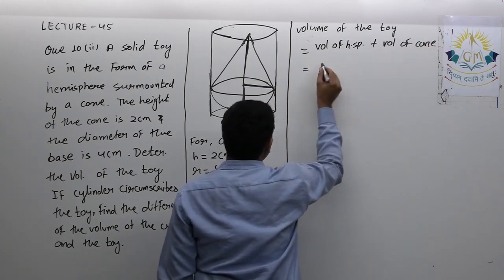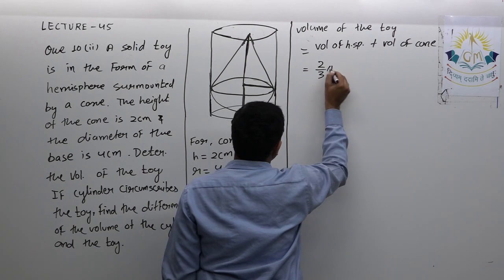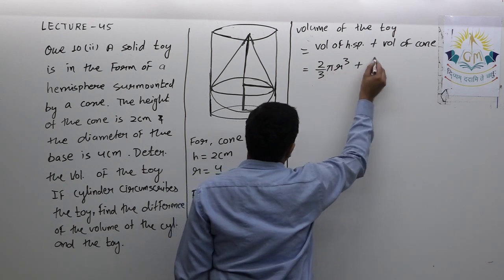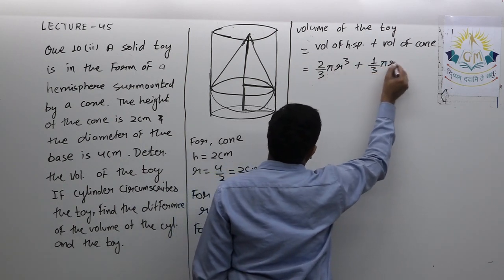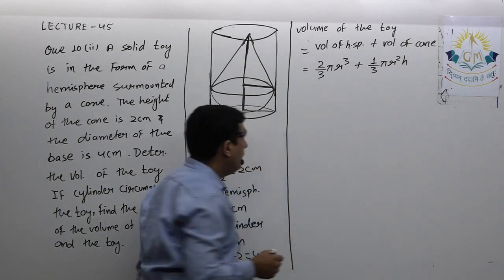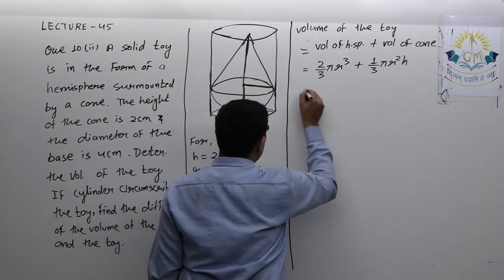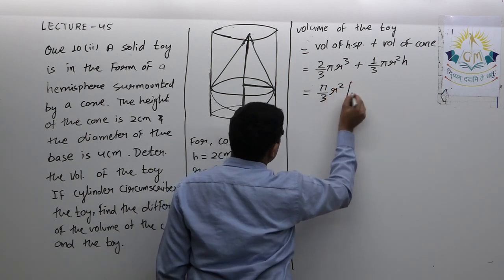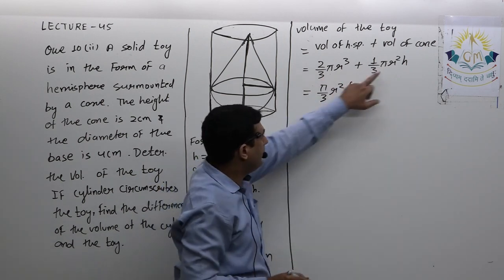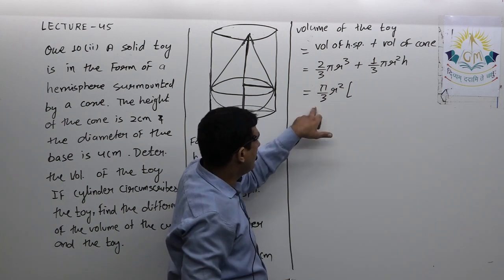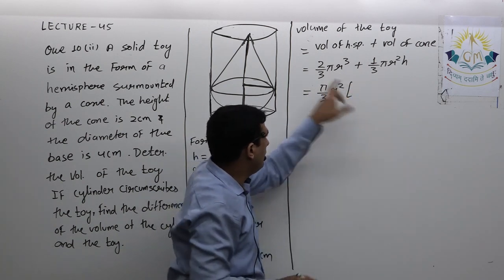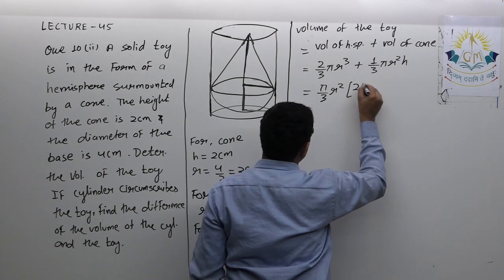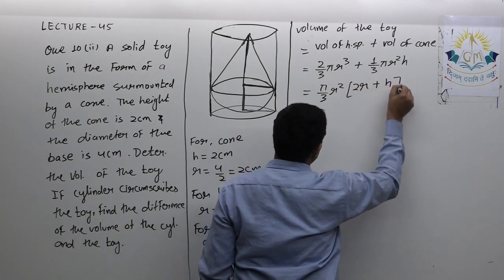Volume of hemisphere is 2 by 3 pi r cube plus 1 by 3 pi r square h. Now what can we take common? Pi by 3 r square can be taken common. Both have 1 by 3 pi and r square, so I am left with 2r and h.